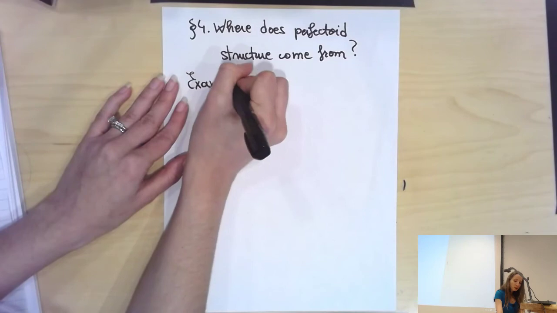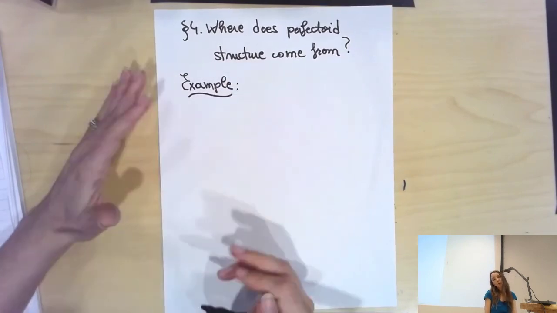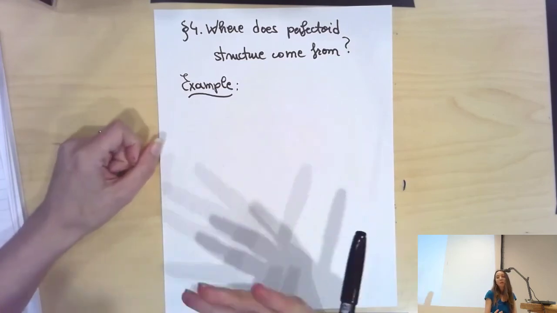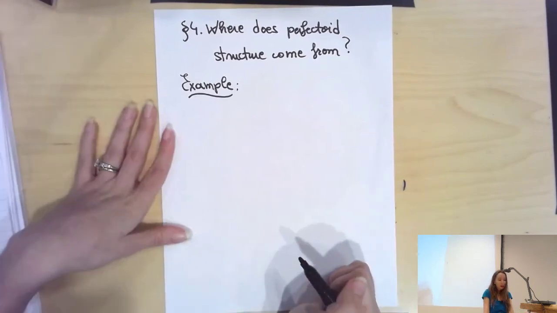So one way to produce perfectoid spaces is to start out with, say, a formal scheme and keep taking p-th power roots, and then take an adic generic fiber of that.